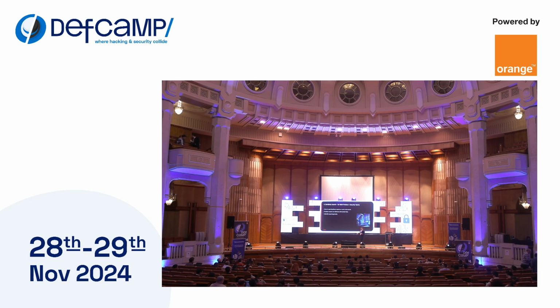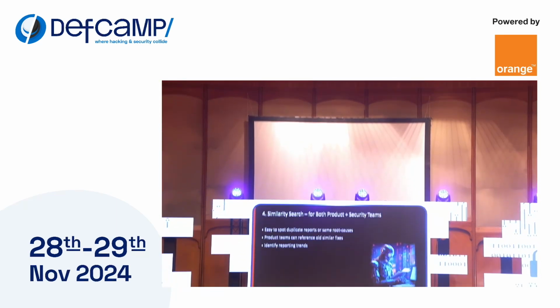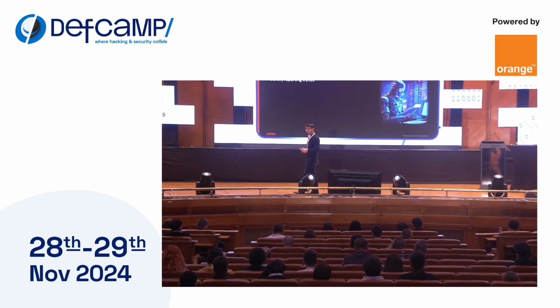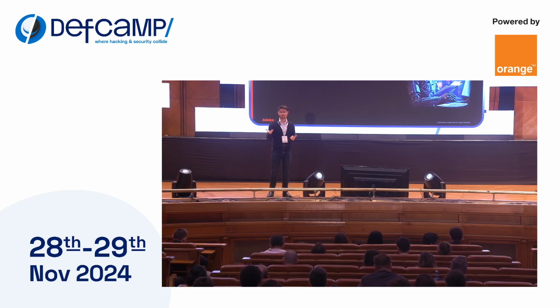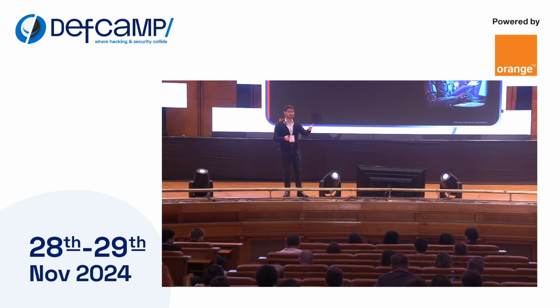Another application is to identify reporting trends. For example, when you receive an improper authorization finding, and the similarity search algorithm identifies 10 more that you fixed, it seems you have a problem there. So usually the similarity search is good for that.